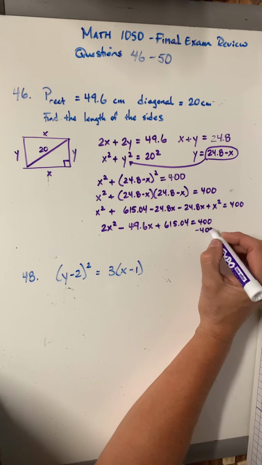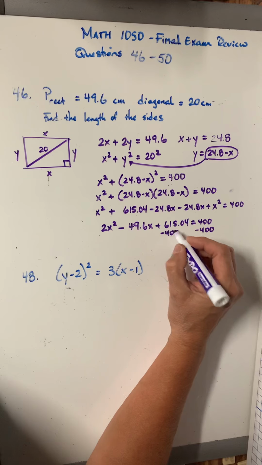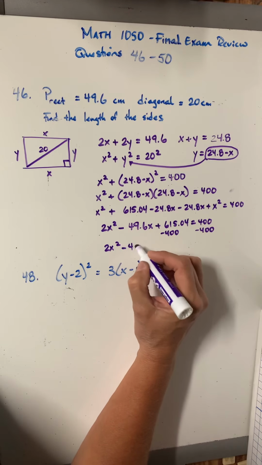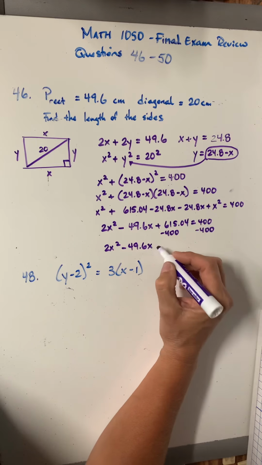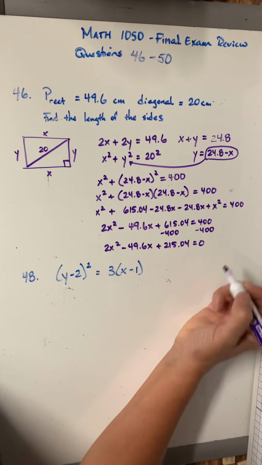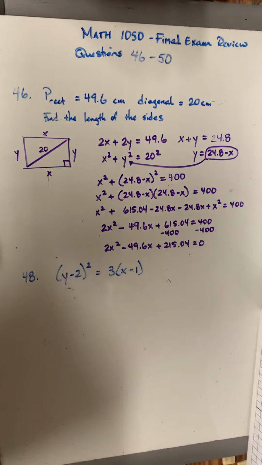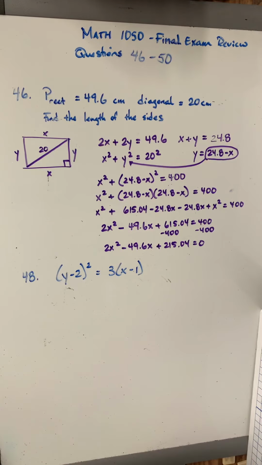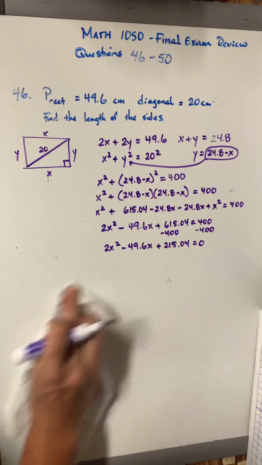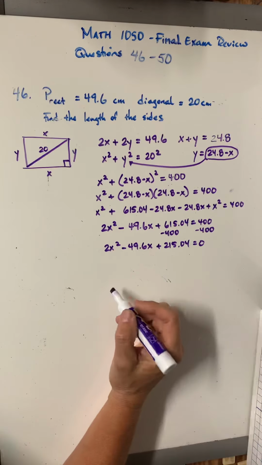If I subtract 400, I get 2x squared minus 49.6x plus 215.04 equals 0. And at that point, I'm just going to use this board.